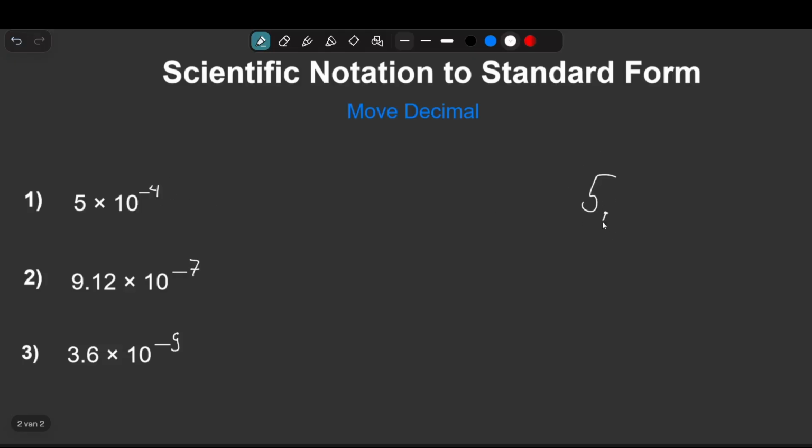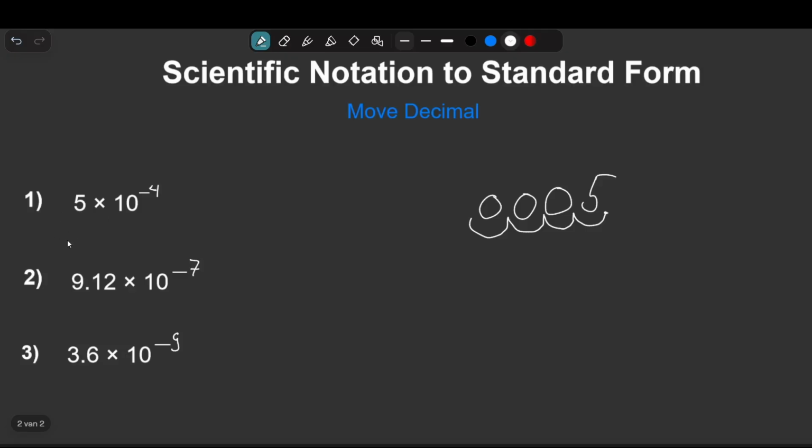So just like this. 1, 2, 3, and 4. You can fill the empty spaces with zeros like this. And now our decimal point is right here. So now we're going to rewrite it to the left, below our problem, to get our final answer.